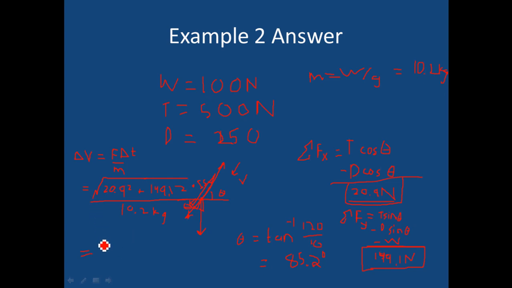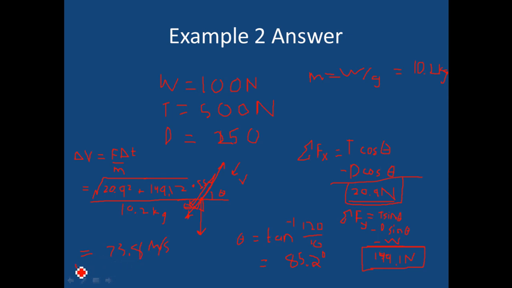So if you add that to our initial velocity, which was approximately the square root of 10 squared plus 120 squared, yeah, it's 120.4.